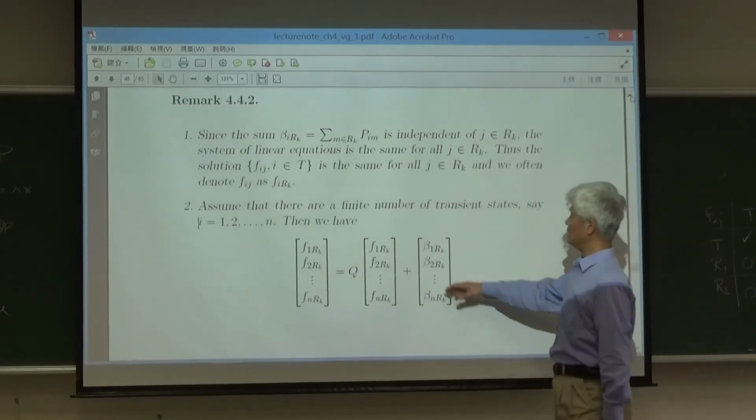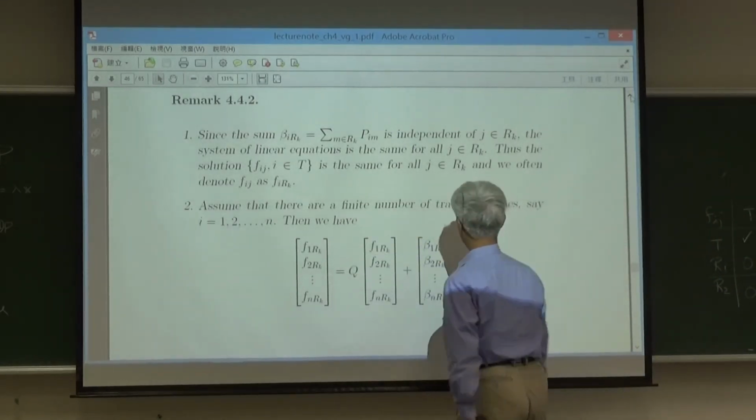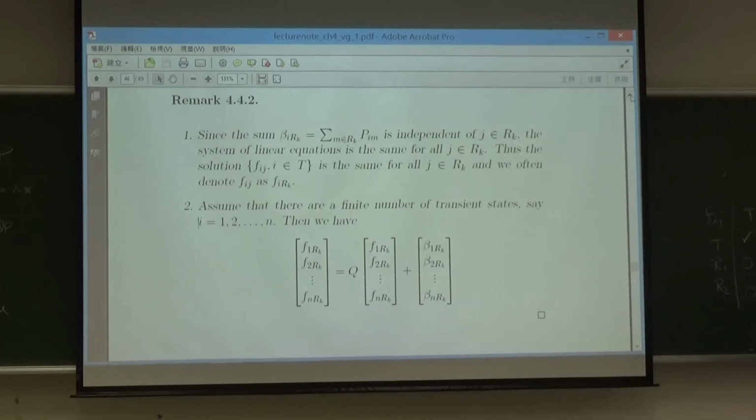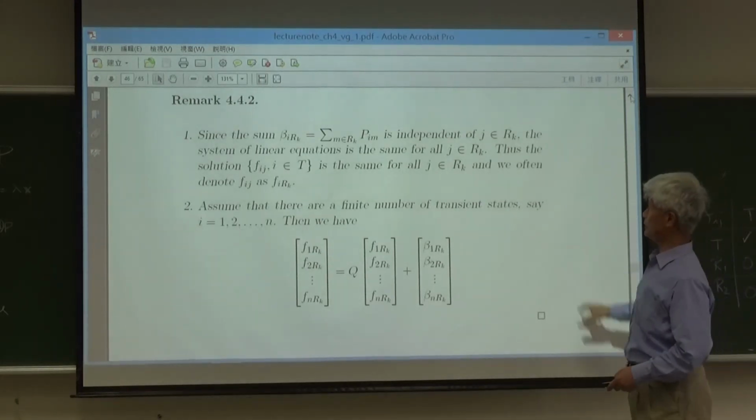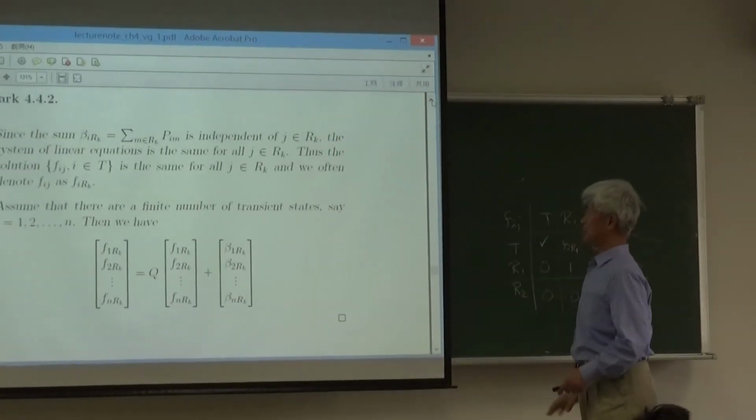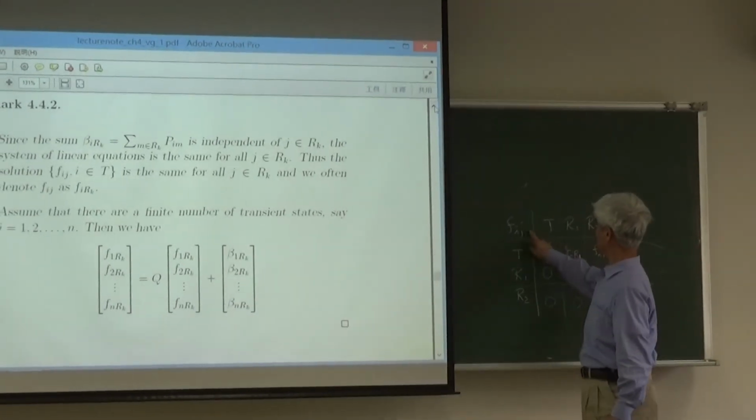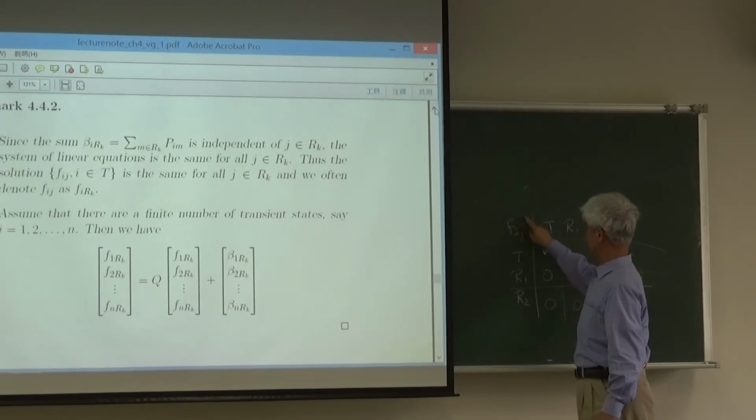It is much more convenient. So we solve the system because they all have the same value. So we have F_i,R_1, we have F_i,R_2, etc. Okay. So basically we complete our study of how to find the first passage probability.